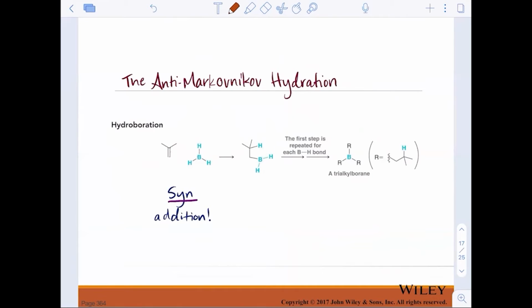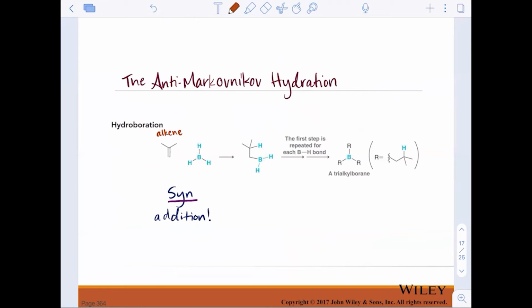BH3 is going to be added across the double bond at the same time. This is called syn addition. And when things are added at the exact same time, I want to think about our starting alkene, and its stereochemistry is trigonal planar.